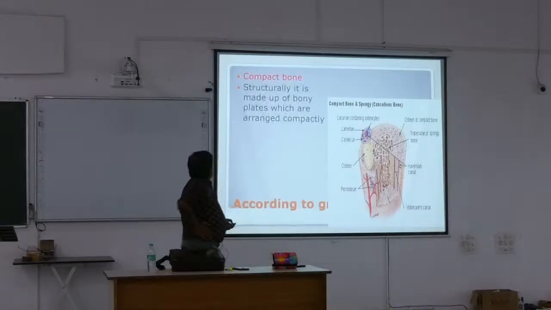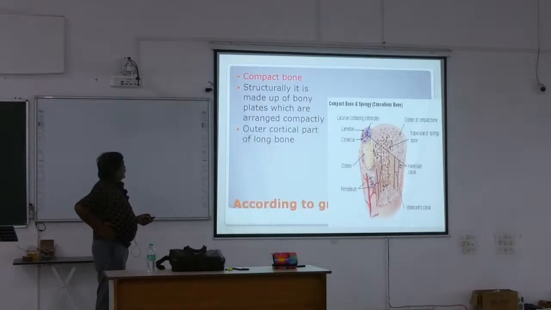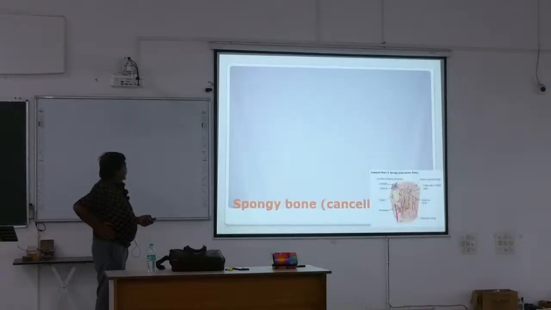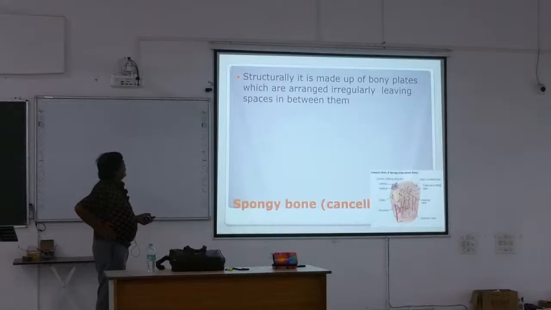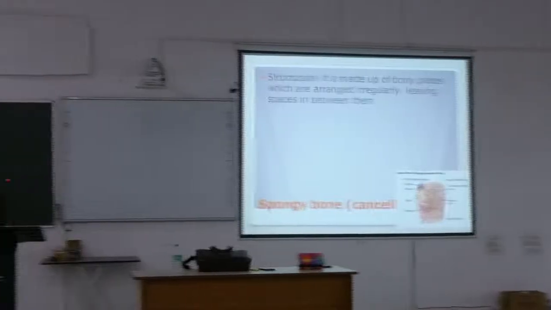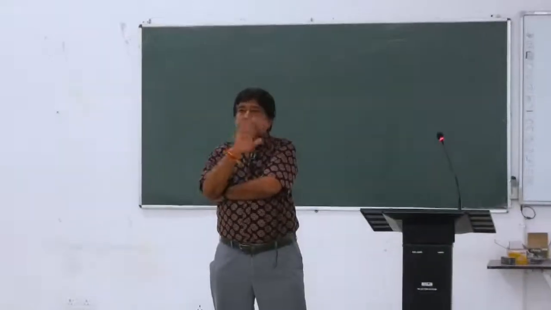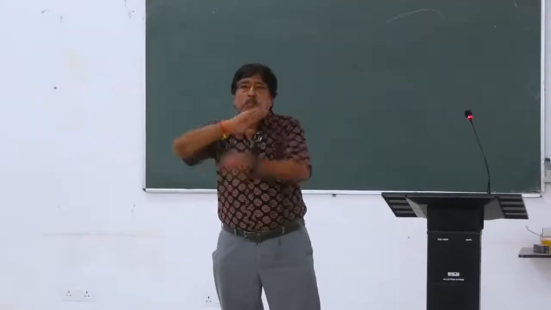Compact bone: structurally, it is made up of bony plates which are arranged compactly. It is the outer cortical part of long bone. Spongy bone, cancellous: structurally, it is made up of bony plates arranged with irregular spaces in between them. When you see a cross section in your textbook or your atlas, you will see the bones.